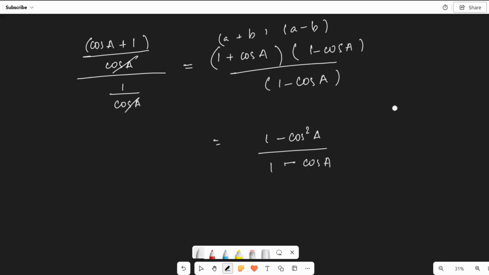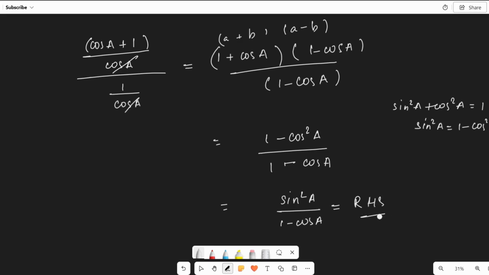Now we know the identity sin²A + cos²A = 1, so sin²A can also be represented as 1 − cos²A that we have here. So this becomes sin²A/(1 − cos A), which is actually the required RHS.